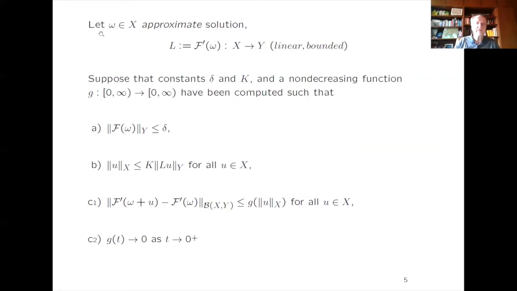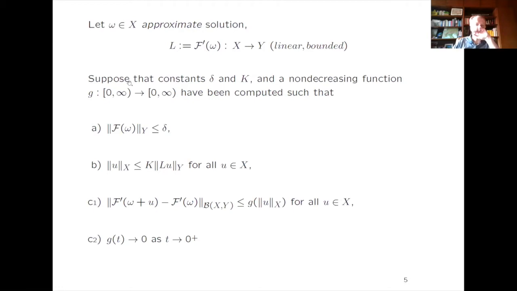We start with an approximate solution omega in the space X. That looks a bit innocent, but that omega has to be in X actually contains some conditions, as we shall see later in the application. Let's consider L to be the Fréchet derivative of the nonlinear operator at this approximate solution. So that's a linear bounded operator from X into Y.